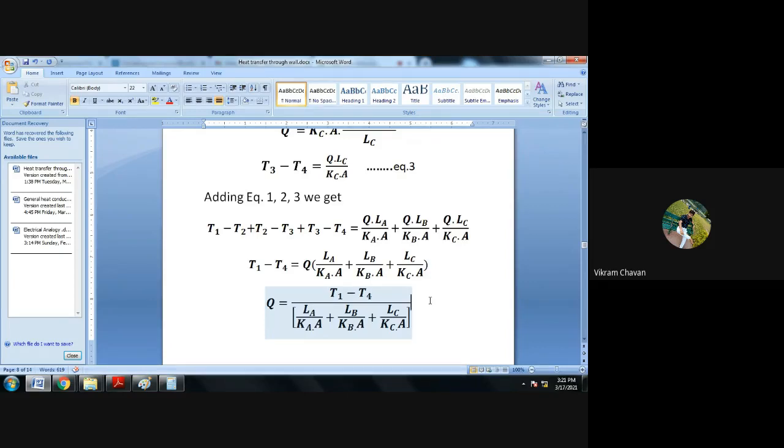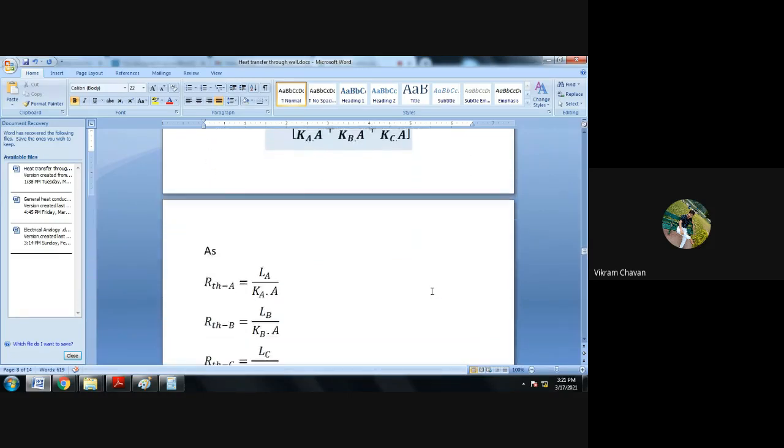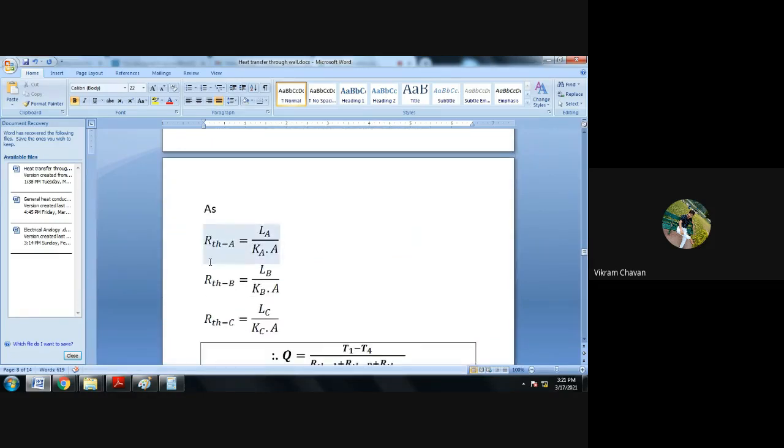Further, we know that the thermal resistance will be given as L divided by K multiplied by area. Therefore, R suffix TH A, that is the thermal resistance offered by wall A for the heat transfer, will be equal to L suffix A divided by K suffix A multiplied by area.